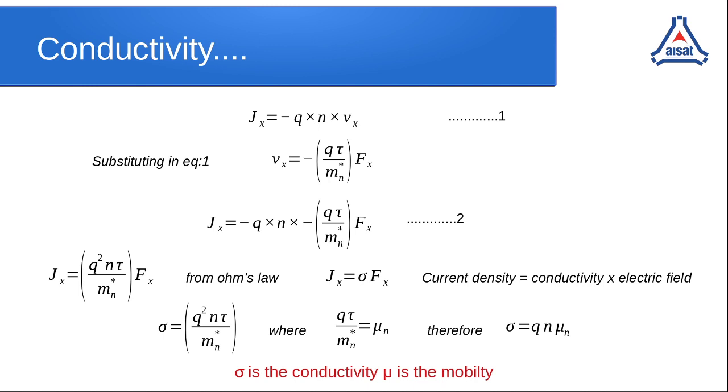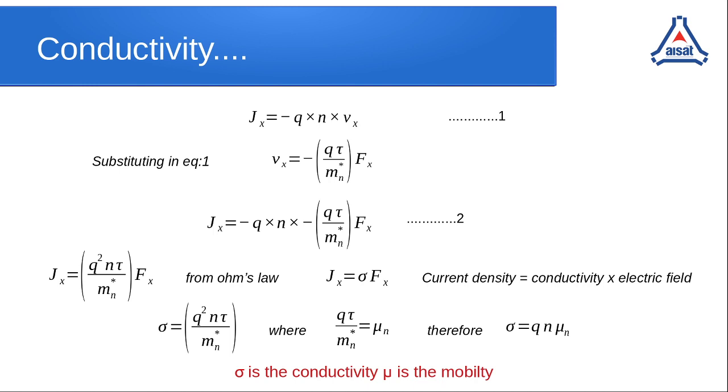Now, what is sigma, the conductivity? Just by correlating the equation J of x is equal to q square n tau by mn star into Fx, we could easily write conductivity is equal to q square n tau by mn star.